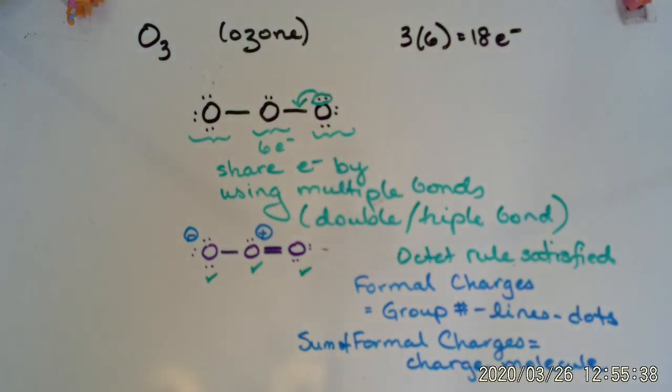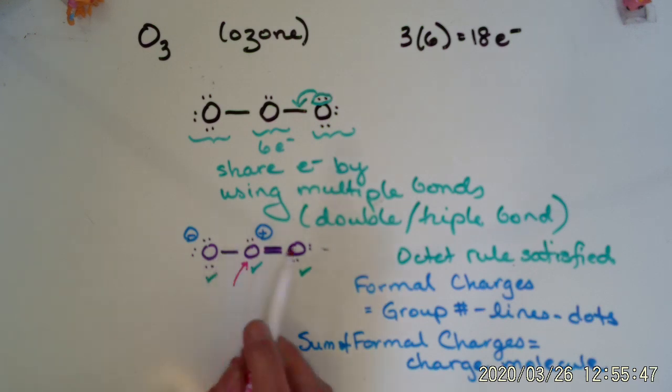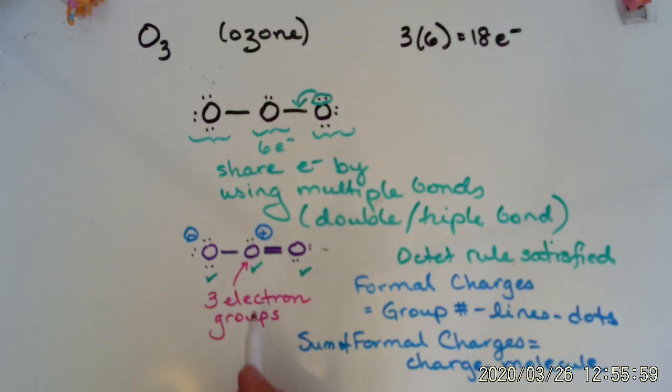Now before we erase this and move on to the next one, let's look at my central atom here. It has 1, 2, 3 electron groups. So it's not linear with 3 electron groups.